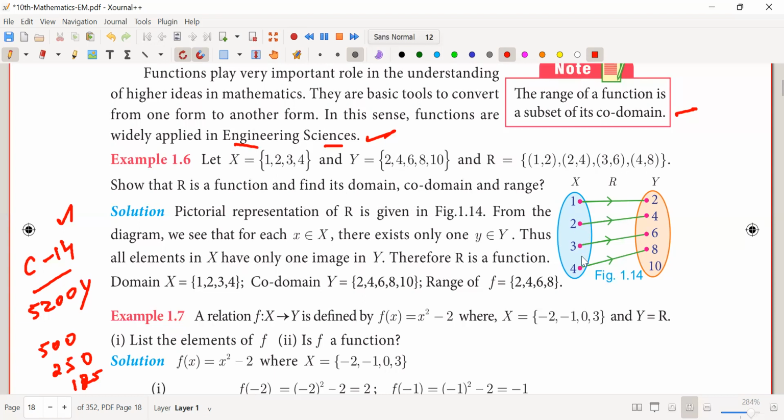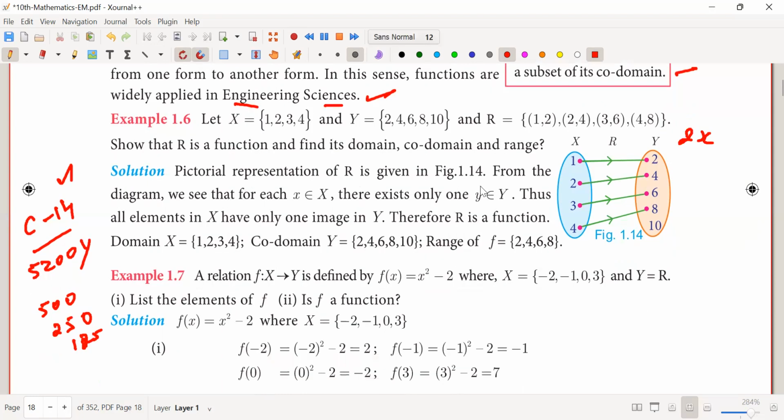R: X is 1, 2, 3, 4. Y is 2, 4, 6, 8, 10. But 1 is related to 2, 2 is related to 4, 3 is related to 6, 4 is related to 8. It is simple: 2x. All right, that's what we have got. So the pictorial representation is known as an arrow diagram.